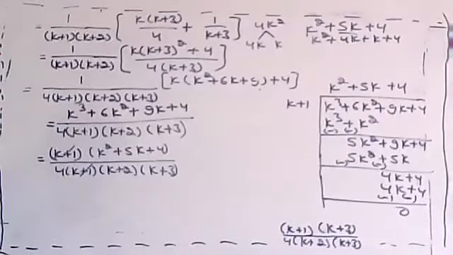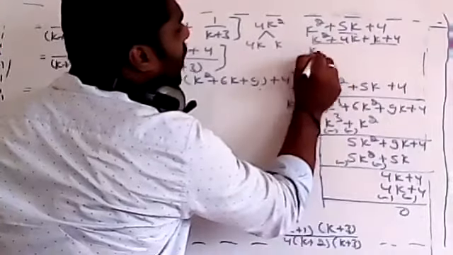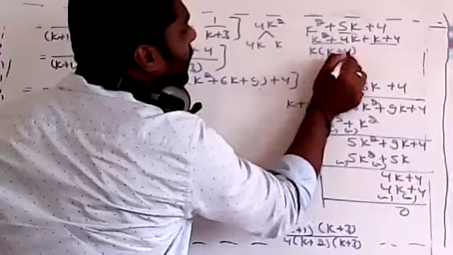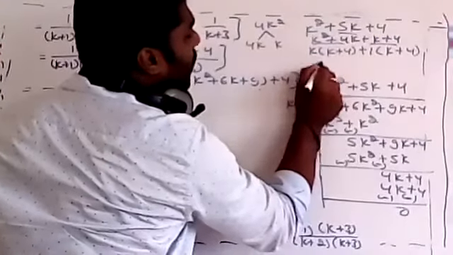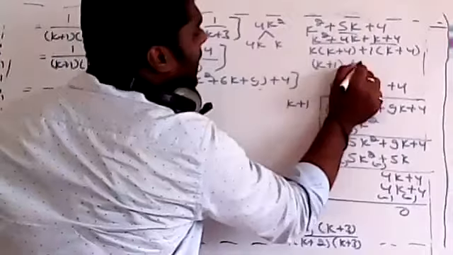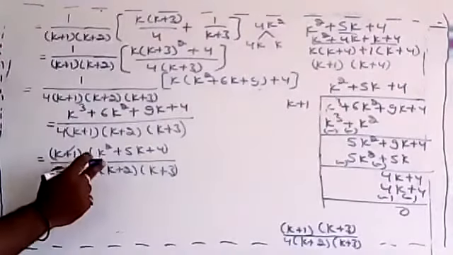Correct? Right. So in this, you take k common, remaining is k plus 4. And this 1 is common, remaining is k plus 4. So the two product is k plus 1 into k plus 4. Correct or not?